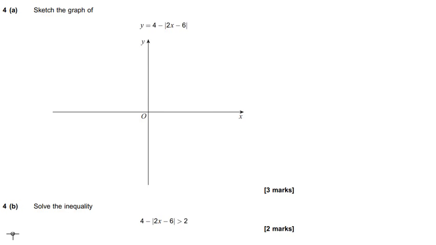Okay, modulus next. So part A asks us to sketch the graph of this function. So how do we go about doing that? Well, first of all, the modulus. What is the modulus? The definition of the modulus, it's a piecewise function, and it's defined like this, that it's equal to x if x is greater than or equal to 0, and it's equal to minus x if x is less than 0.